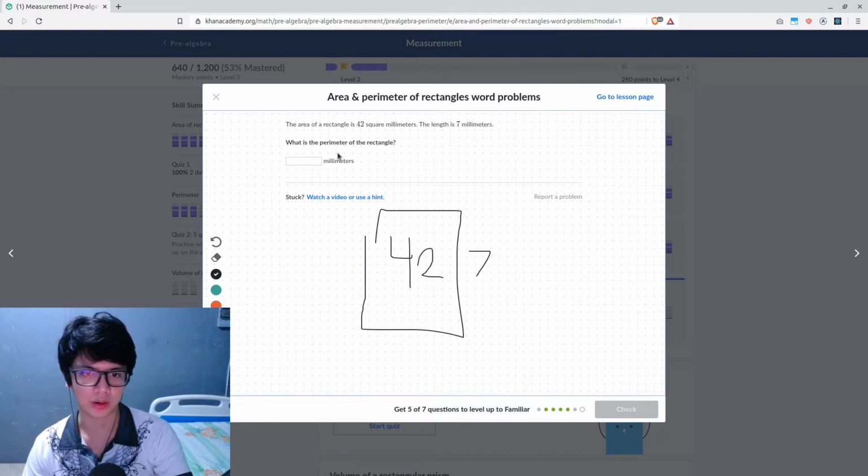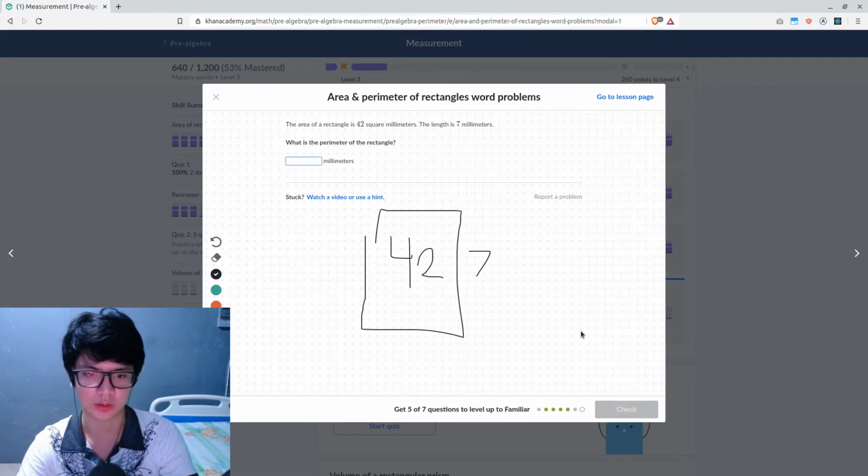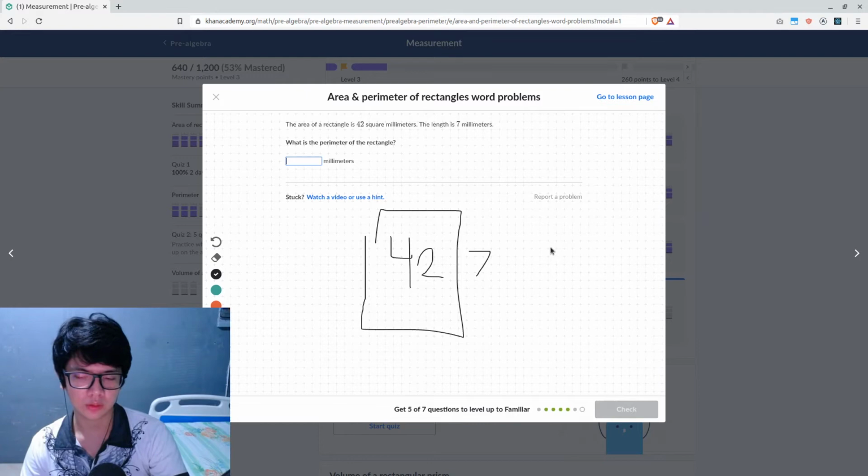What's the perimeter of the rectangle? I guess it's 14. So area is 42, that's gonna be 42, right? So what is the perimeter? Oh, okay. So 26.